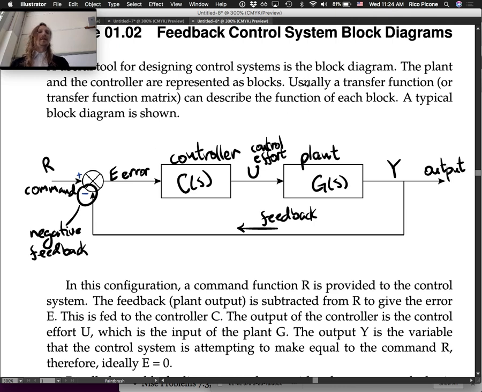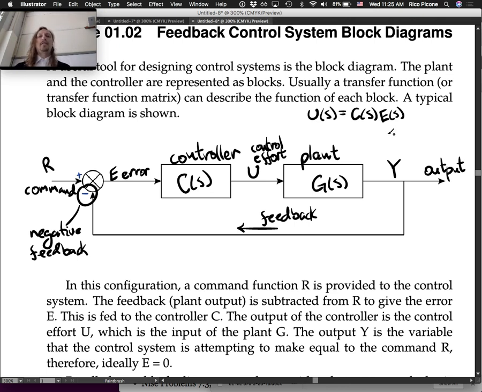If the error is 0, you know from this block diagram that U of S has to be equal to... every block in the block diagram can be read as the transfer function multiplying, in the Laplace domain, the input, which is E of S, the error in this case.